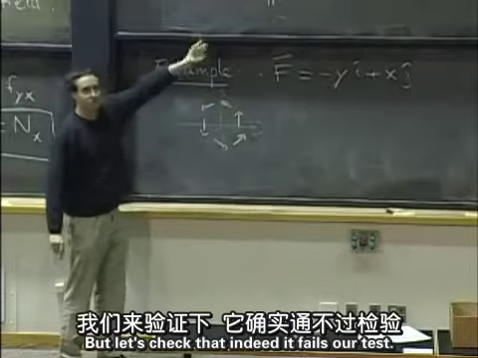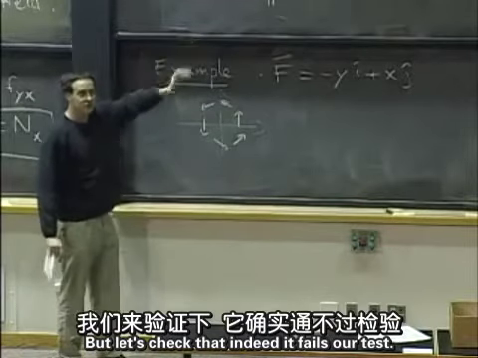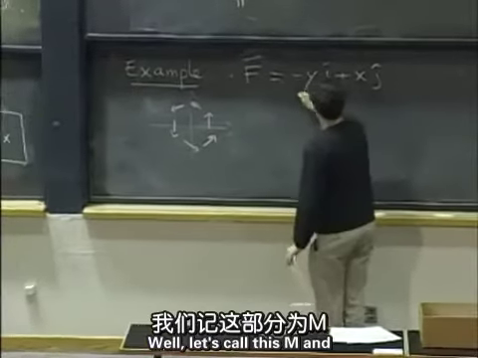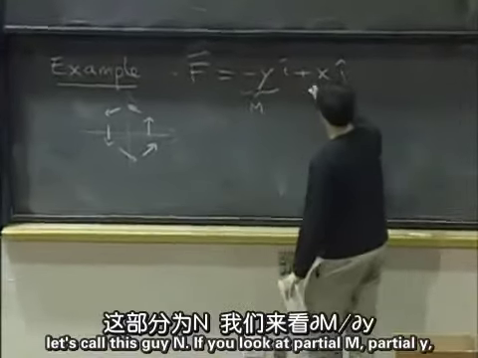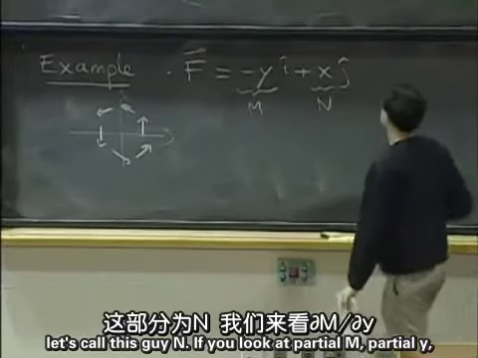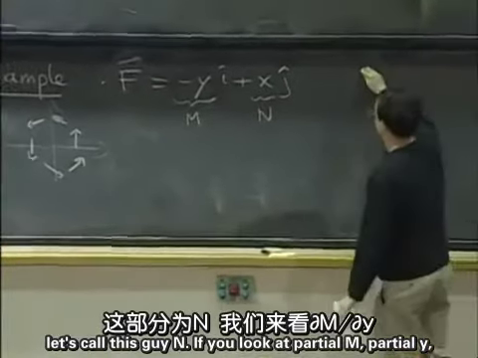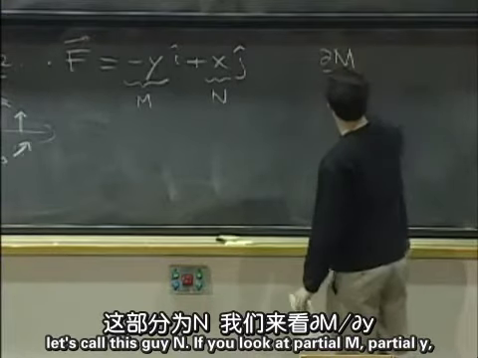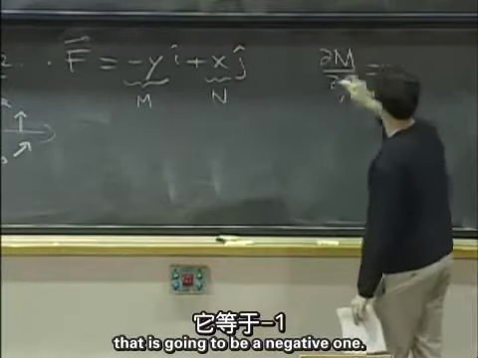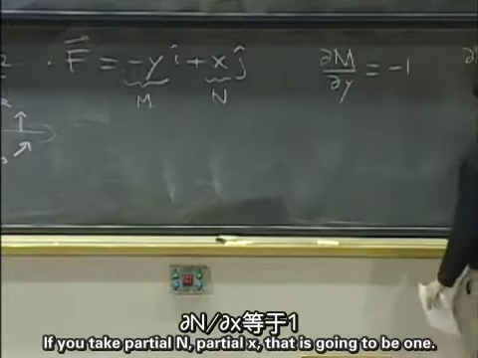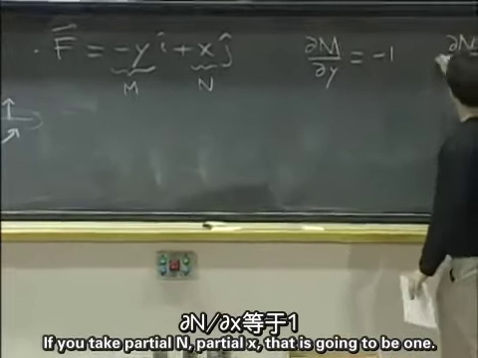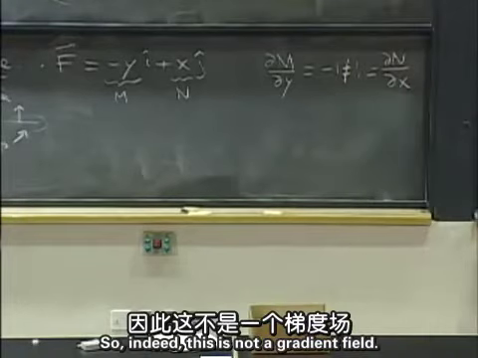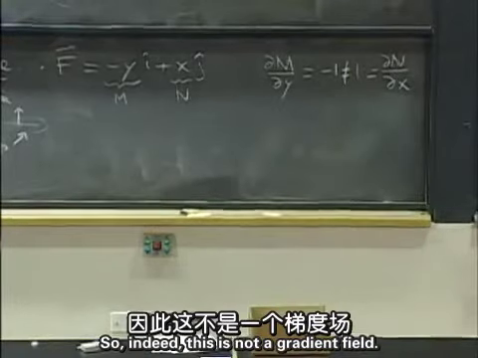But let's check that indeed it fails our test. Let's call this M and this N. Then partial M partial y is going to be negative 1. Partial N partial x is going to be 1, and these are not the same. So indeed, this is not a gradient field.